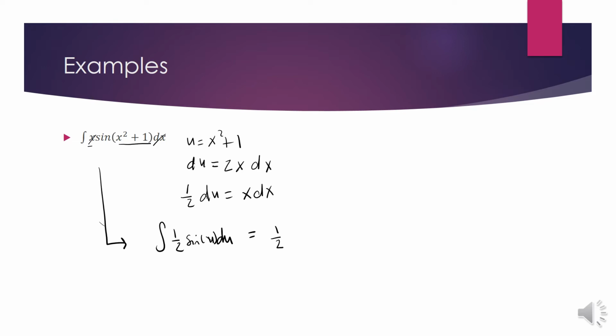So for the antiderivative of sine, think for a second: what function do I have where if I take the derivative it's sine? So it's negative cosine. Let's not forget our plus c on the end. Now that we have the antiderivative, go back to x's. So negative 1/2 cosine of x squared plus 1 plus c.